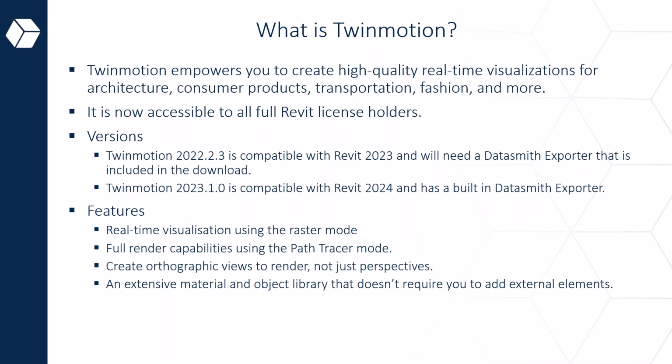So for example, if you're using other software like Photoshop to create 2D rendered views of your projects for presentations, etc., you can actually do that in Twinmotion, which I think is quite useful also because it's directly plugged into Revit, so that gives you quite a seamless transition. And then you've got an extensive material library and object library, and this doesn't require you to add any external elements, so you can make good use of the library that's already provided to you.